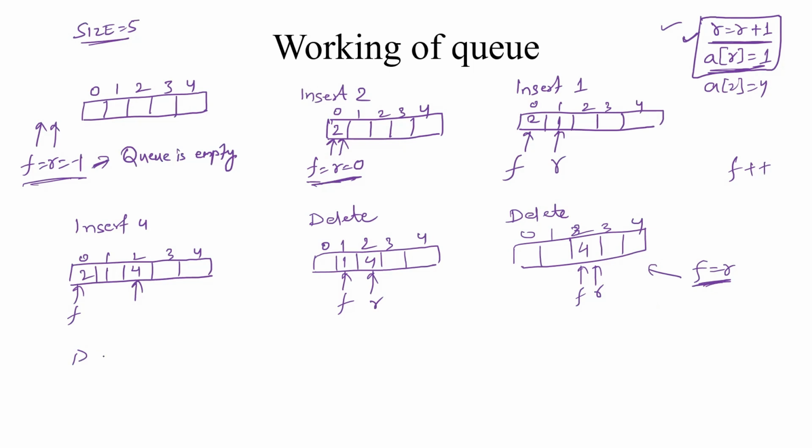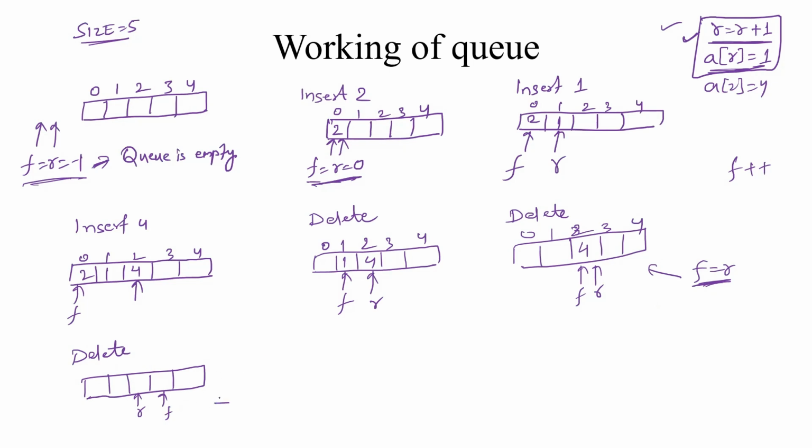Let's suppose one more time I want to delete. If one more time I want to delete the element, then the value of front will again increase, which means 4 is deleted. In this case, now your queue is empty.